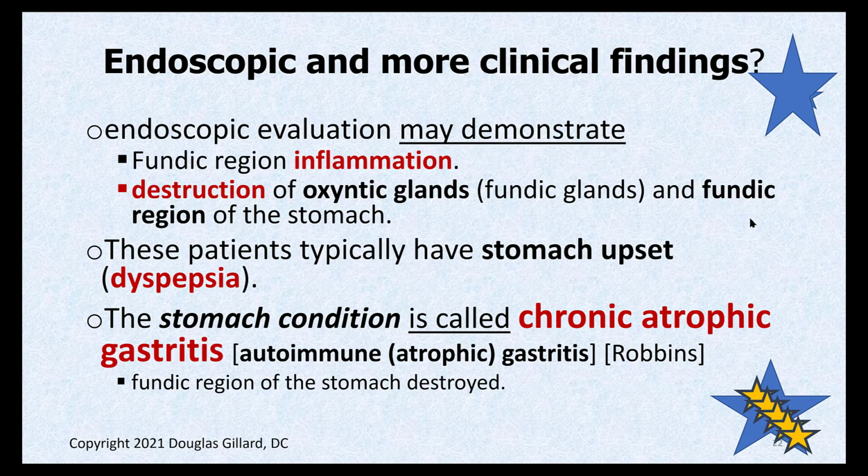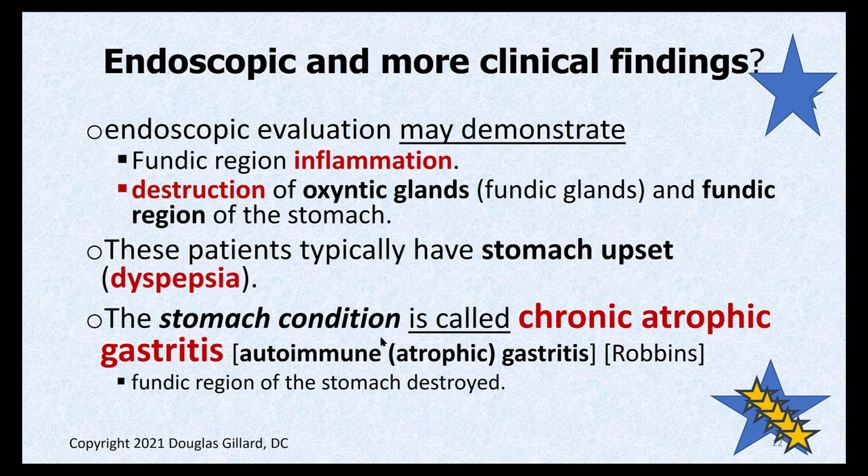Okay, what about if you stick a scope down their mouth and look inside their tummy? What are you going to see? Well, you might see some redness in the fundic region of the stomach. The oxyntic glands or the fundic glands are going to demonstrate destruction and inflammation. They're going to clinically have upset stomach, we already said. And we're going to study this next time. We're supposed to do it today, but I think you guys have had enough.